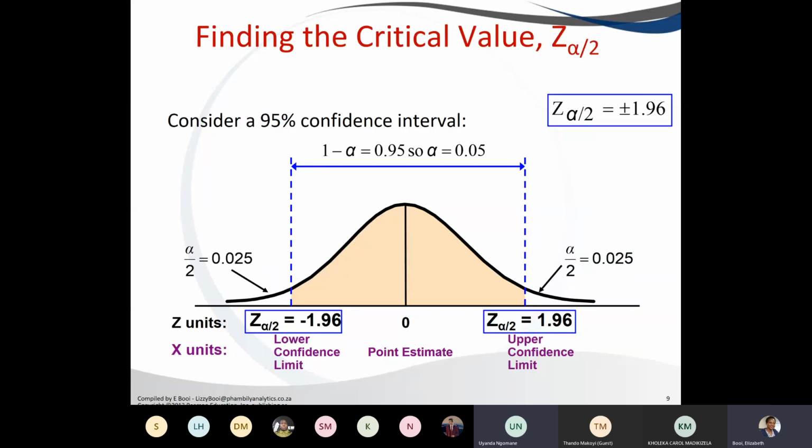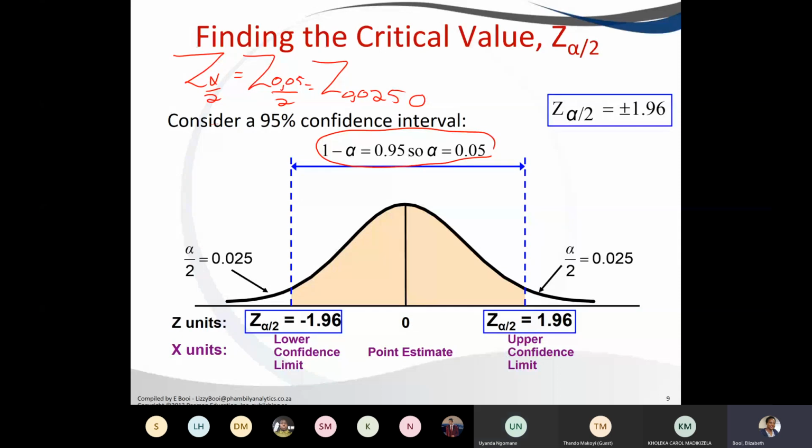So we'll divide our alpha by 2. If we have to find the critical value for 95%, we know that our alpha is 0.05. Therefore, our Z alpha over 2 will be given by Z of 0.05 divided by 2, which gives us Z of 0.025.